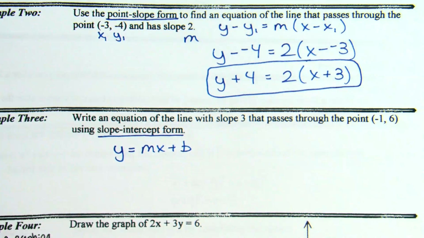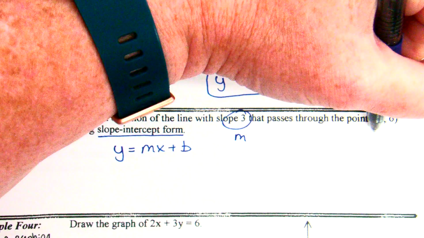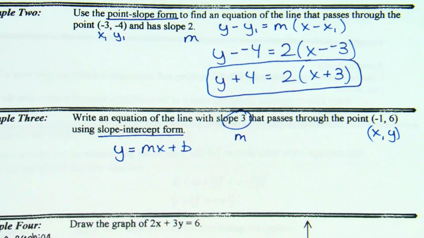What are we given? A slope of 3, which is my m. And then we're given an ordered pair. So an ordered pair, -1, 6, represents what? x and y. And remember, you can use that x and y then to plug them in and help us find our b. Does that sound familiar?